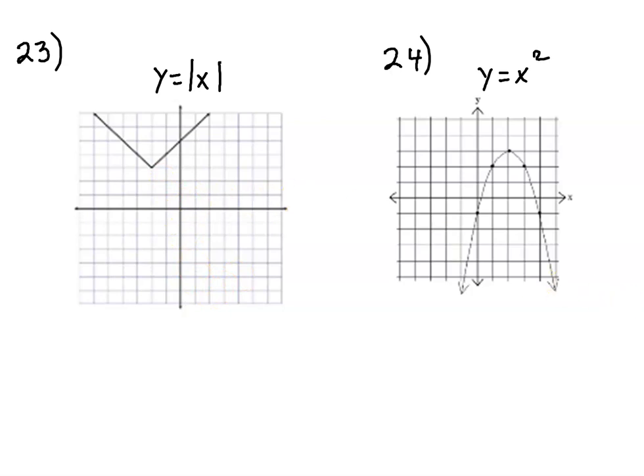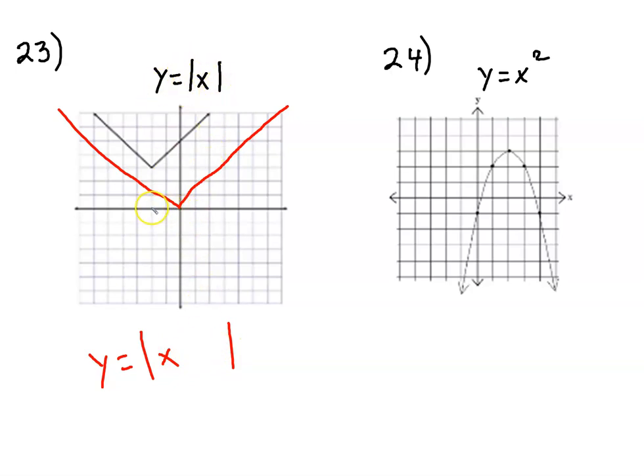So the parent, y equals absolute value of x, would do this. Well, that's terrible, but it would just start at the origin, up 1, right 1, up 1, left 1, forever. Okay, but this is taking the parent and shifting it 2 to the left. So if I want to show a left or right shift, I put that inside the absolute value.